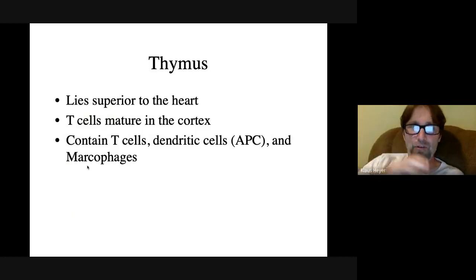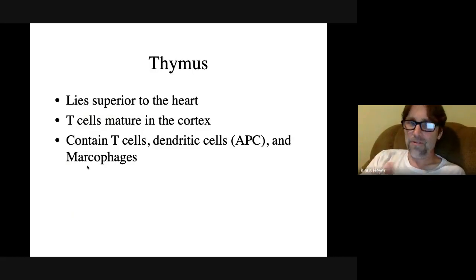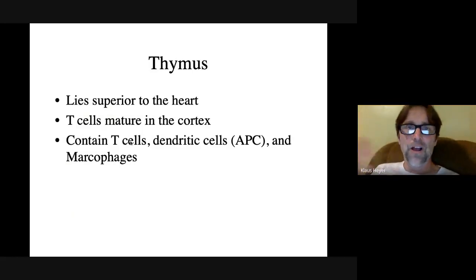You just surround it, engulf it, and eat it. That's called phagocytosis. Macrophages or phagocytes, I use the words interchangeably. I don't think there's a big difference between them, but that's what they are. They're cells that eat things. T cells are going to go the other way. They've got weapons. They're going to go up and kill it. Dendritic cells we'll talk about later.